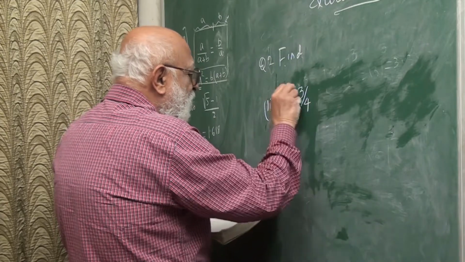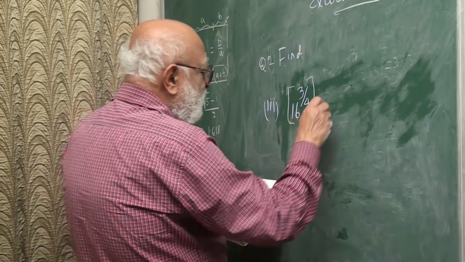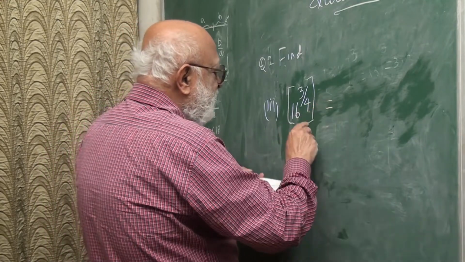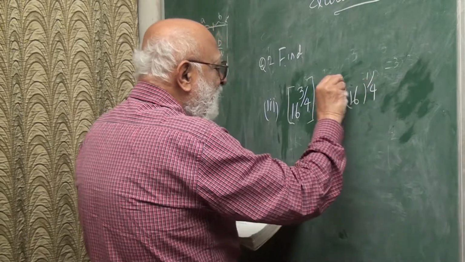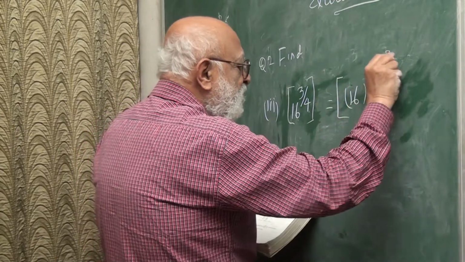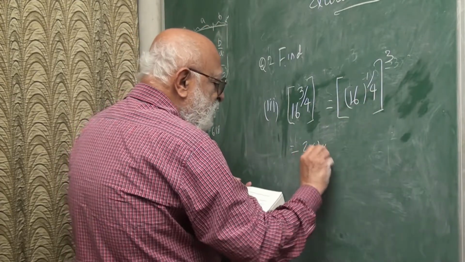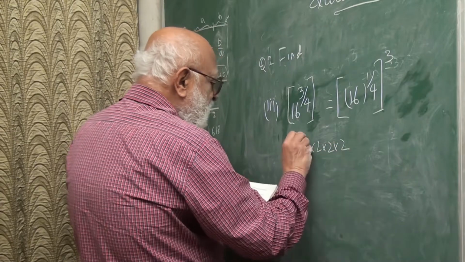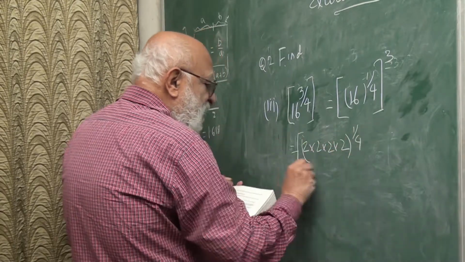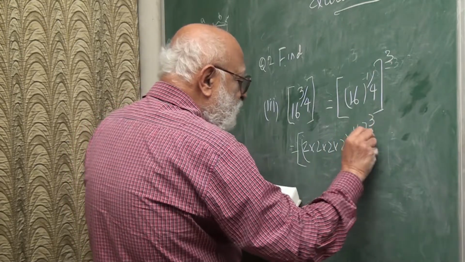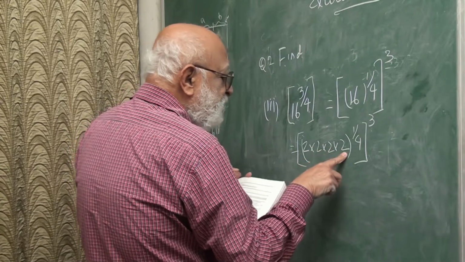16 to the power 3 by 4. Okay, remember we just did one of this. So same thing, I will do 16 to the power 1/4, and then I will cube it. 16 to the power 1/4, 2 into 2 into 2 into 2, and this will be 1/4 of this, and then I have to cube it. 2 into 2 is 4, 4 into 2 is 8, 8 into 2 is 16.